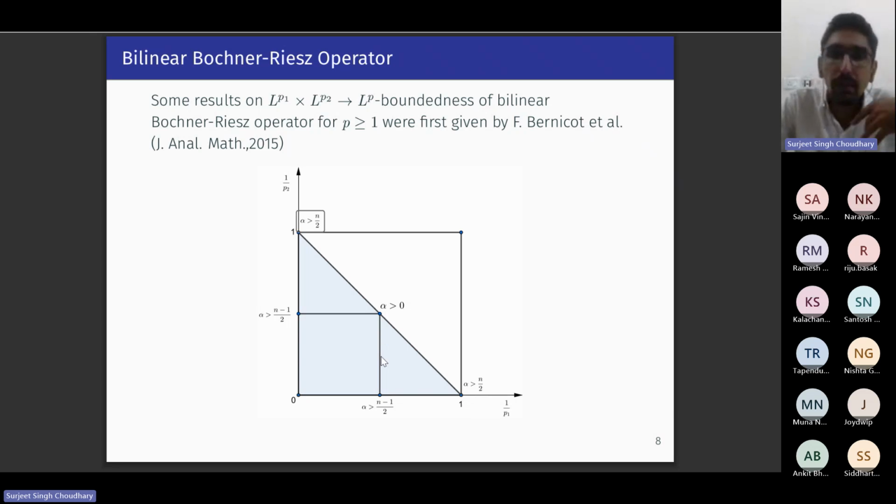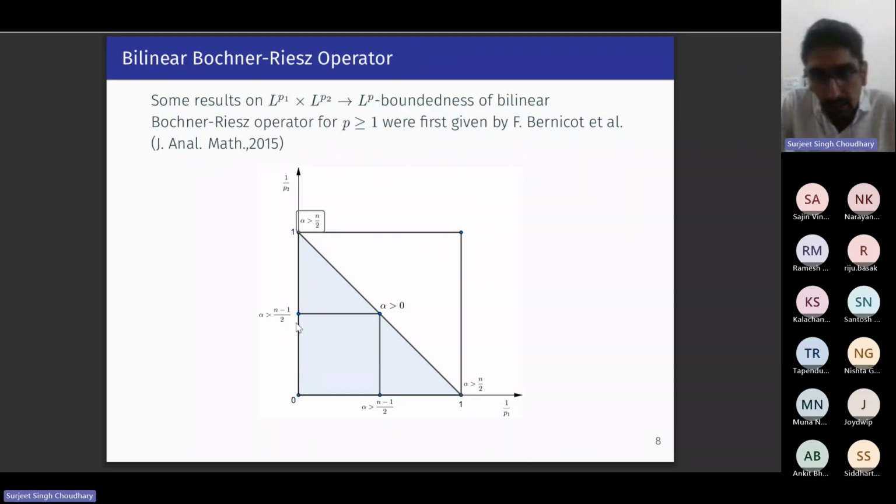For example, they obtained L2 cross L2 to L1 boundedness for the exponent alpha bigger than 0, and L1 cross L infinity to L1 boundedness for the exponent alpha bigger than n by 2, and similarly with the same range, they obtained boundedness for L infinity cross L1 to L1. And for L2 cross L infinity to L2, they obtained the condition alpha bigger than (n minus 1) by 2, and a similar condition for L infinity cross L2 to L2.